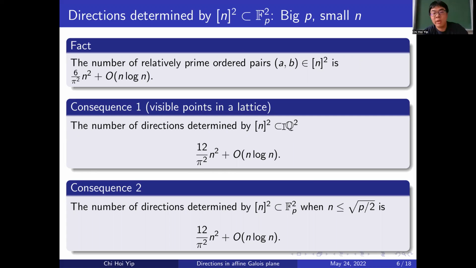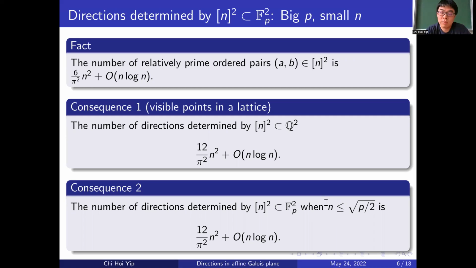But there we are living in Q², where the characteristic is 0. But in our case, we are living in the world with characteristic p. So some positive directions might actually coincide with negative directions. But this is not the case when n is small compared to p.